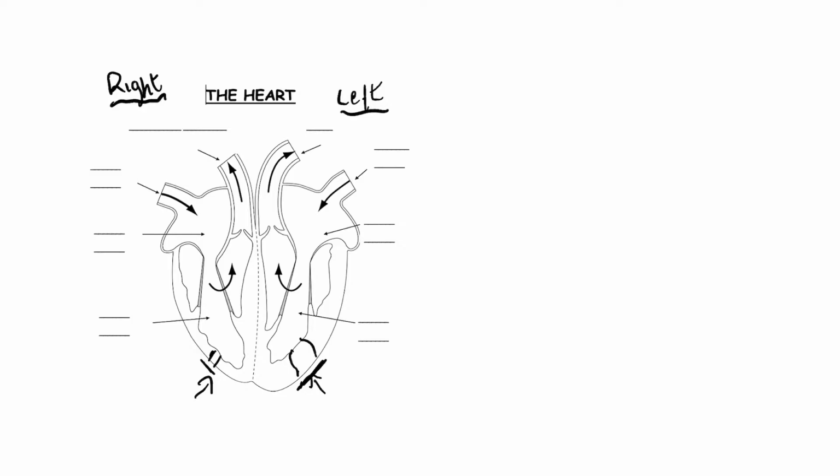Okay, so the heart is made up of 4 chambers. You've got the top chambers, which are here and here. These are the top 2 chambers, and then you've got the bottom chambers, which you can see here and here, and they're separated by heart valves, which I've just drawn on there. Now the 2 top chambers are called atria.